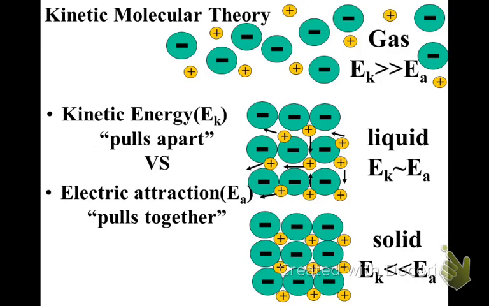Imagine that our classroom is at about 21 degrees Celsius, and all the molecules in the room are at the same temperature, so they have the same kinetic energy. Water in this room is liquid, so its molecular attractions about equal the kinetic repulsion energy, while the air is a gas, so its molecular attractions are much less than the kinetic repulsion energy.